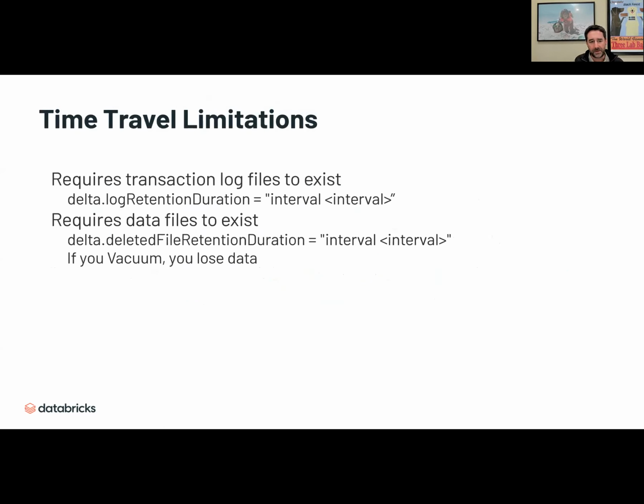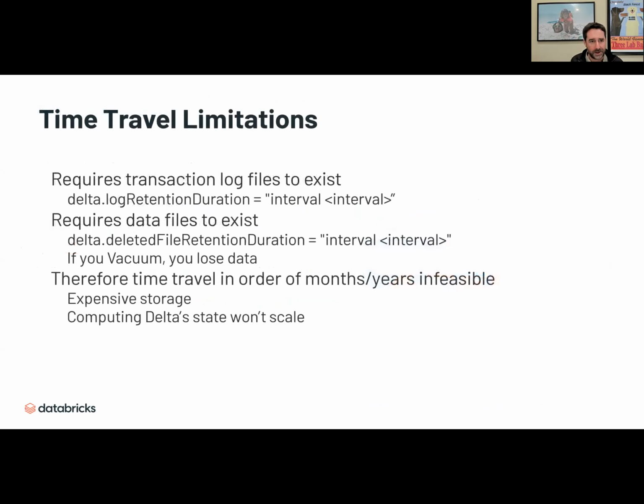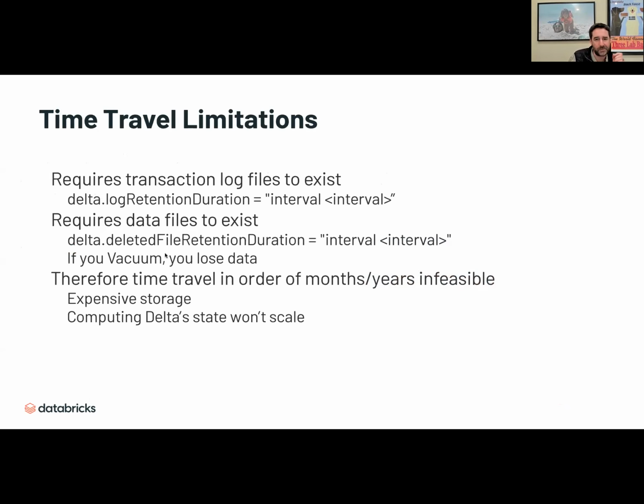So a couple of the, I'm just going to expand this out all the way. Sorry. Limitations on this. And the main one is associated to vacuuming. Vacuum is a function that you can either allow Delta to do automatically, or you can do programmatically if you want.